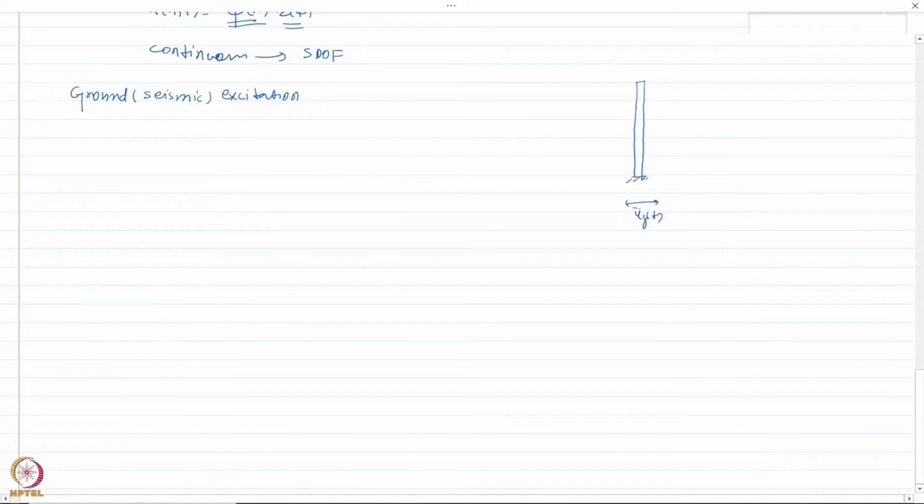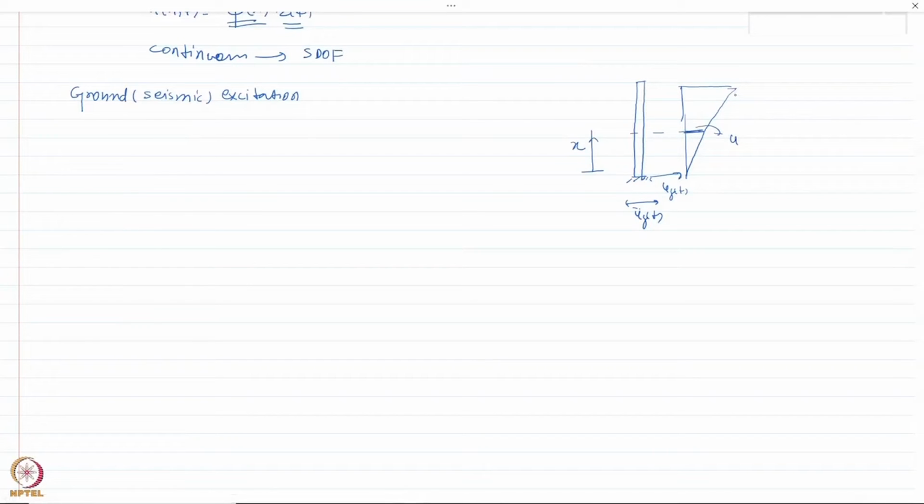Due to this, there is displacement due to ground, let us say u_g(t), plus it would have its own relative deformation, and it would be different at different locations. Let us say this is coordinate x, and at any time instant the deformation is u here. So this represents the deformation of the structure.